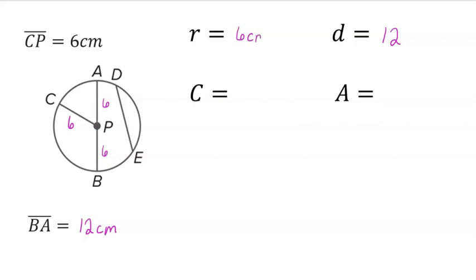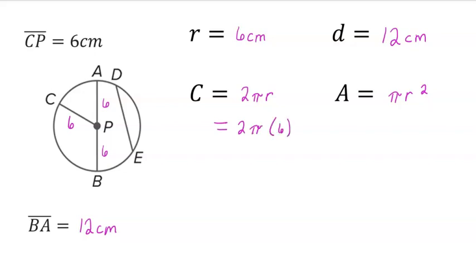When it comes to circumference and area, you do have those on your reference sheet, but if you don't remember, it's 2 pi r, or we can use pi d. And then for area, we have pi r squared. When we go to put this in, we have 2 times pi times the radius.